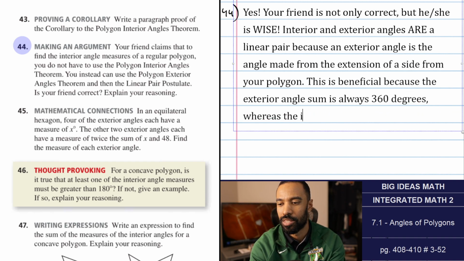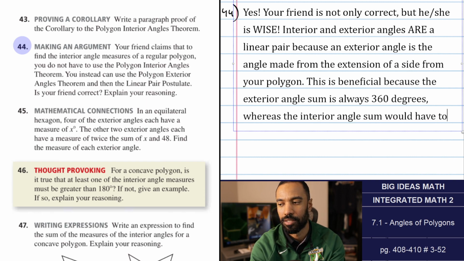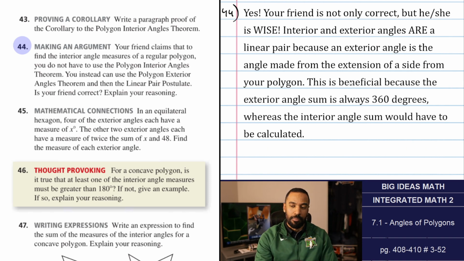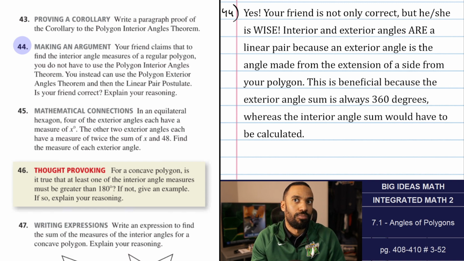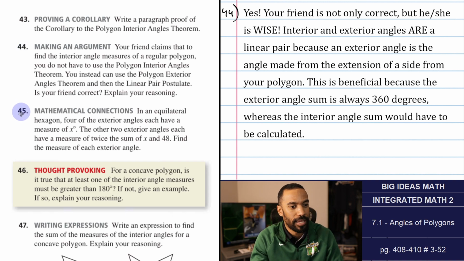Whereas the interior angle sum would have to be calculated. Now, after that, you just have to divide by the number of sides. Here, you have to subtract from 180, but I'd rather subtract 48 from 180 rather than do 180 times the number of sides minus 2.